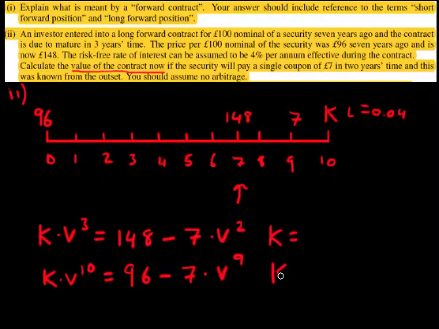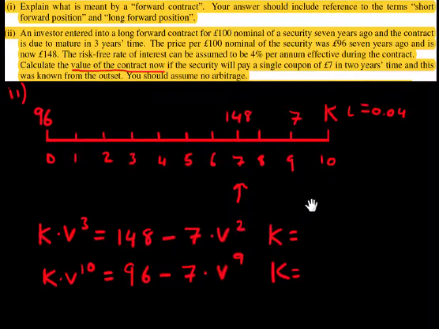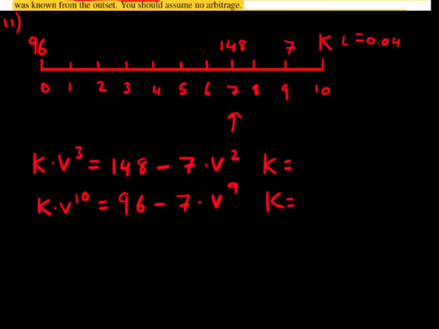Okay, and then we can find out what K is equal to. And then once we've found the difference between these two, we're going to find out what that difference is, and that'll be whether or not we've been making money or losing money at this point in time, and we'll then have to discount that difference back 3 years to find out what the value of the contract is now, today. Okay, so let's just find that out.